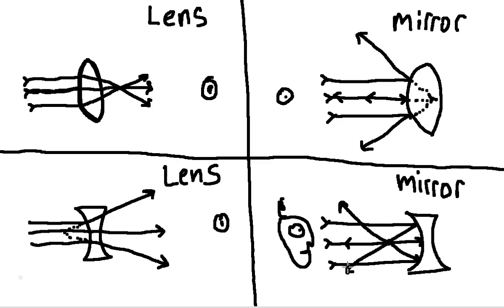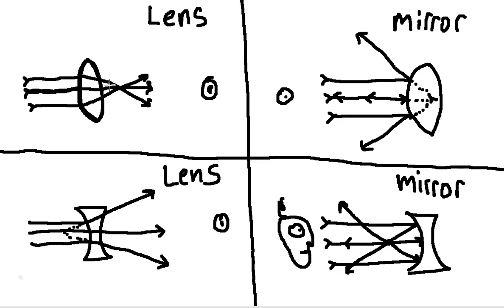The one on the top turns into the one on the bottom. The one on the bottom turns into the one up top. So this would be an actual image, just like over here you get an actual image, whereas this creates a virtual image over here.